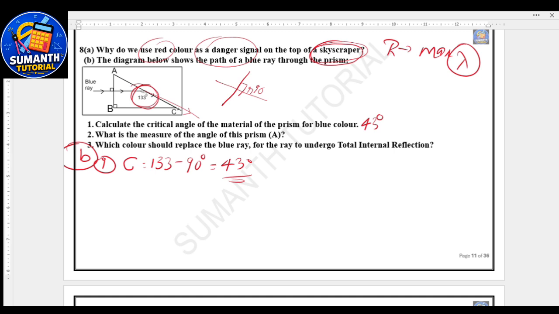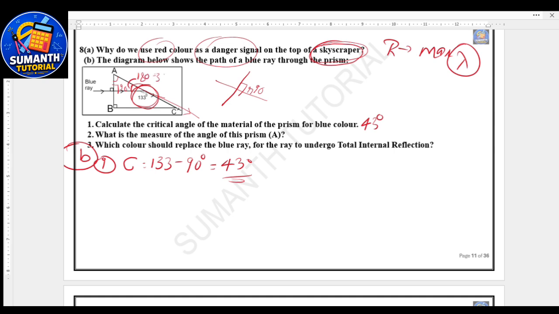Now we have to calculate the value of angle of the prism. There are different ways to solve it. Now observe the diagram here. See, this is 90 degree. We have to calculate this one, and here the total angle is 180. So this small angle will be 180 minus 133.